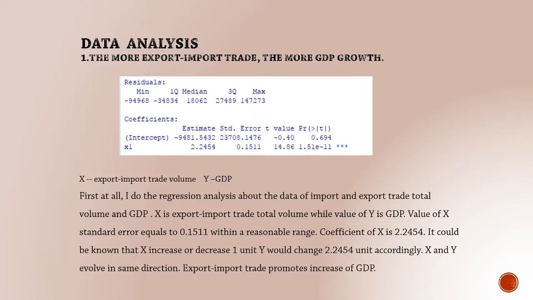The coefficient of X is 0.2454. It could be known that when X increases or decreases by 1 unit, Y would change by 0.2454 units accordingly. X and Y evolve in the same direction. Export-import trade promotes the increase of GDP.